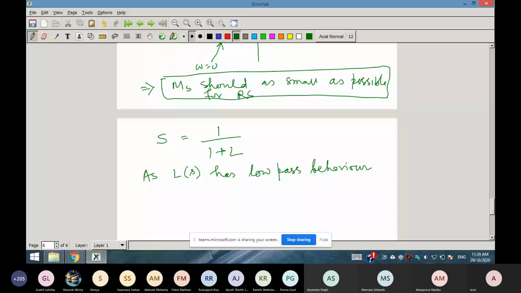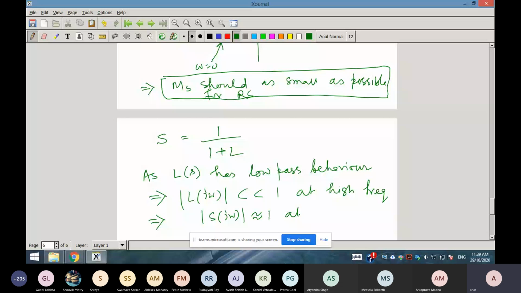So this means L(j omega) is much less than 1 at high frequency. So S(j omega) you cannot make arbitrarily small. It is approximately 1 at high frequency. That is unavoidable.